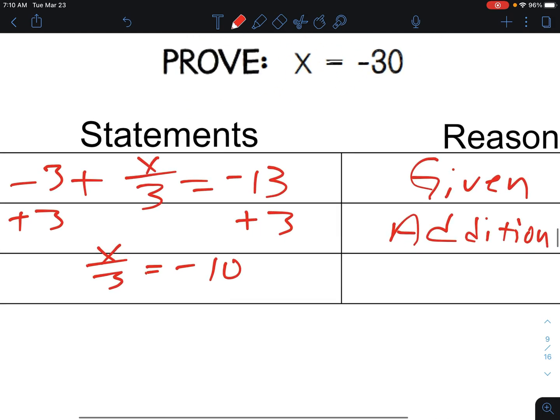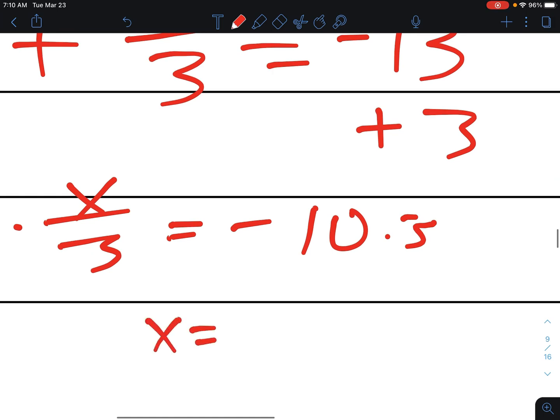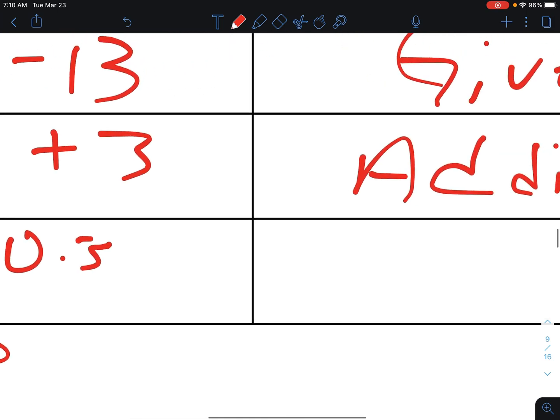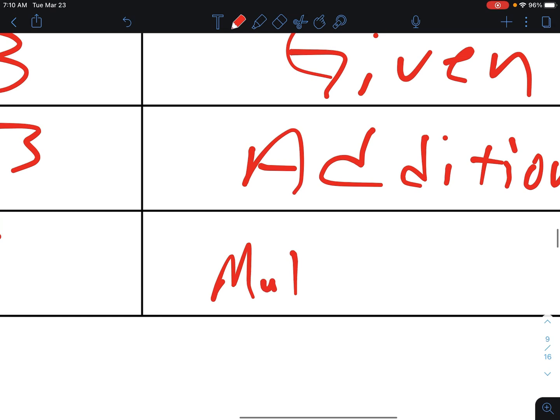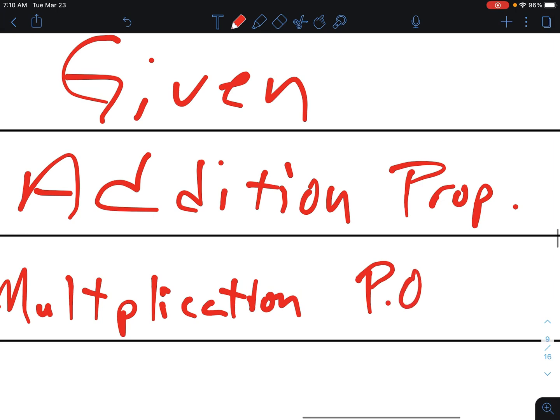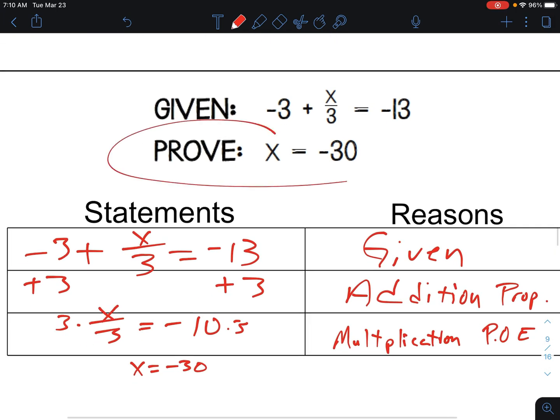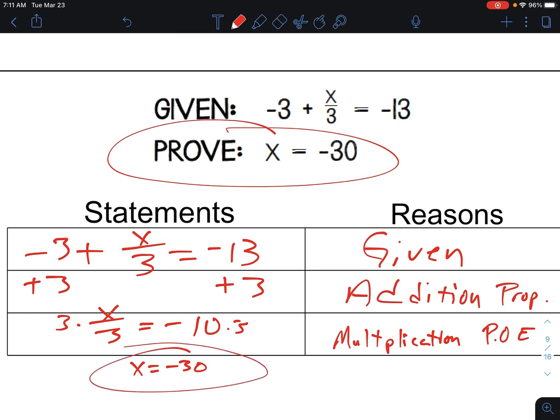And then how do I get rid of dividing? I'm going to multiply both sides by 3. Get x is equal to negative 30. We call that the multiplication property of equality. All right, and then just double check what you're trying to prove should be the last thing in the statements column.